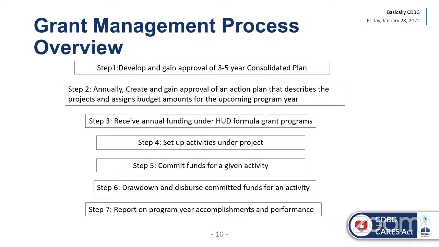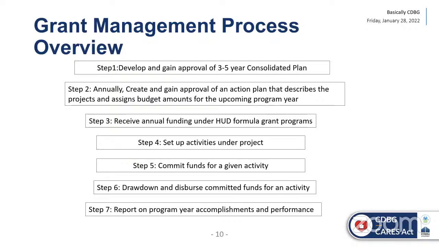You talk about how much you're using from that year and how much you may be using of funds from a prior year that carried over. After that's been approved, you'll get your grant agreements, and then you'll have your actual funding for your HUD programs, and you'll see that in IDIS.